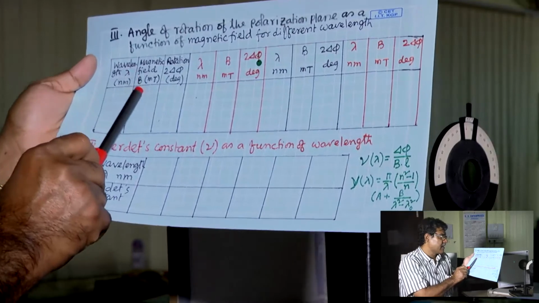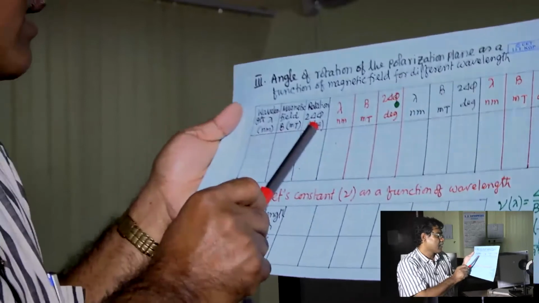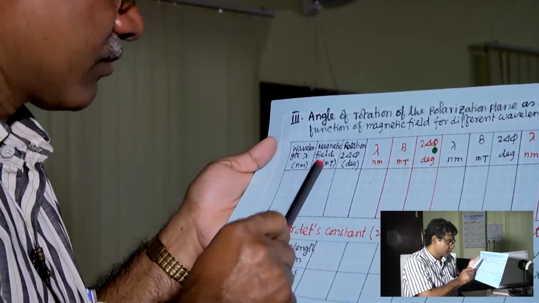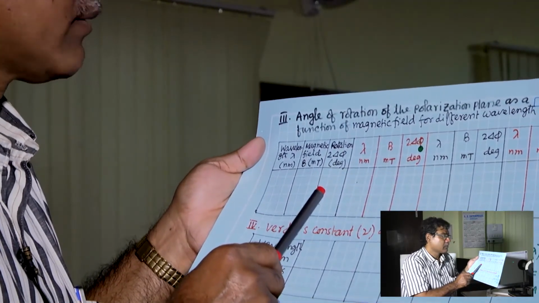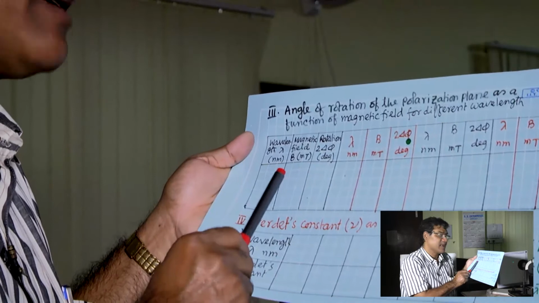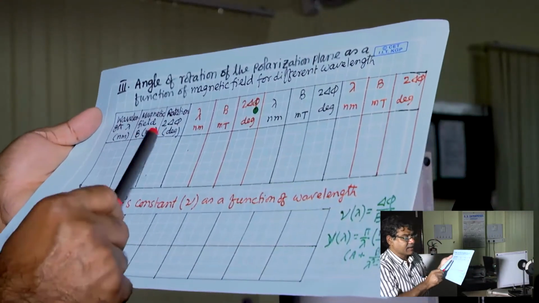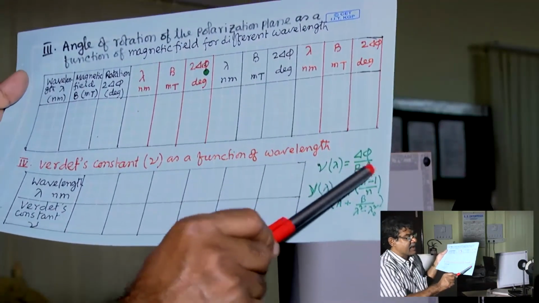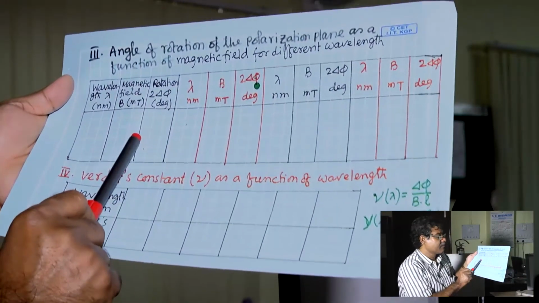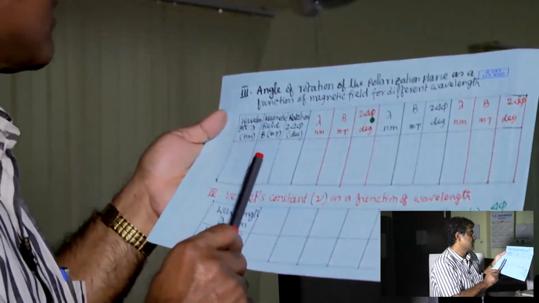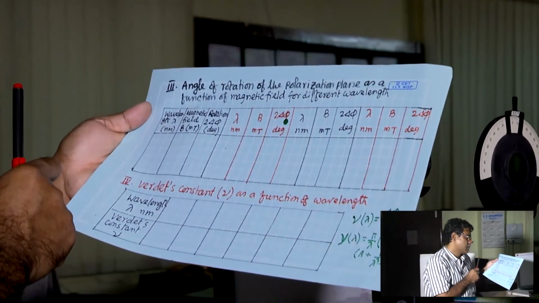From this magnetic field and this del phi, by plotting a graph you can find out the slope, del phi by B. In that formula you have seen the Verdet constant is del phi by B l. So from this del phi by B, we get it.